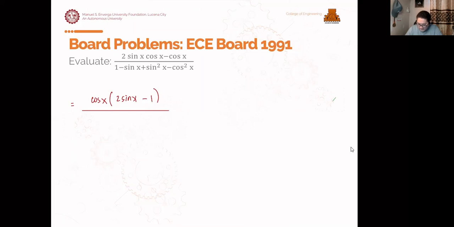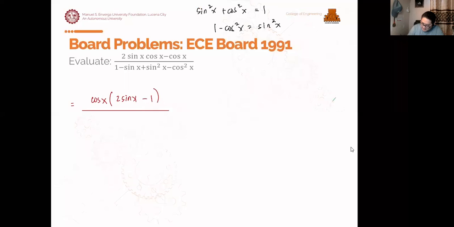Okay? And dun sa identity natin, meron tayong value for 1 minus cosine squared. Okay? Na alam natin, di ba, from sine squared x plus cosine squared x is equals to 1. So, 1 minus cosine squared x equals yan sa sine squared x.